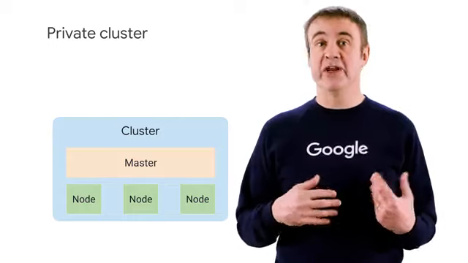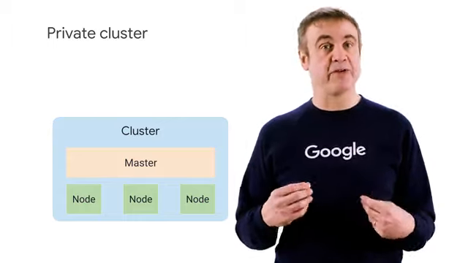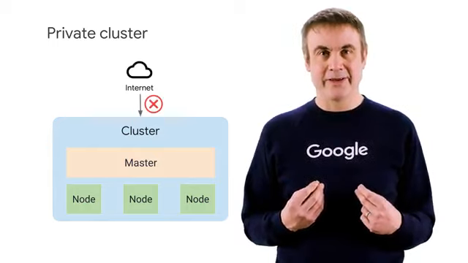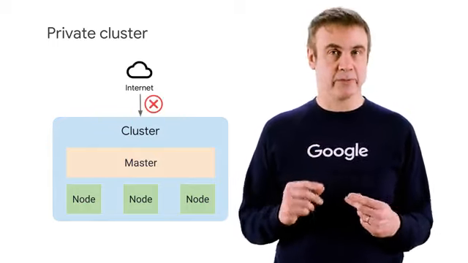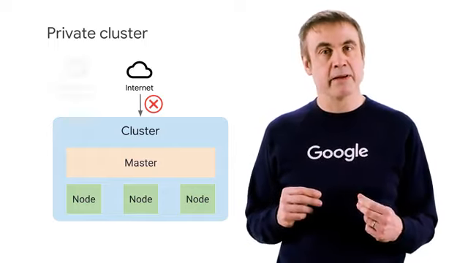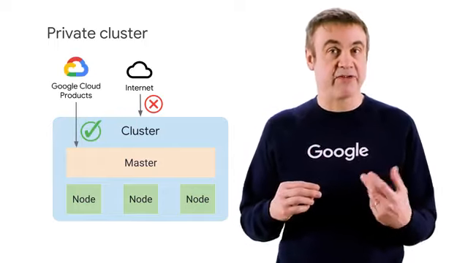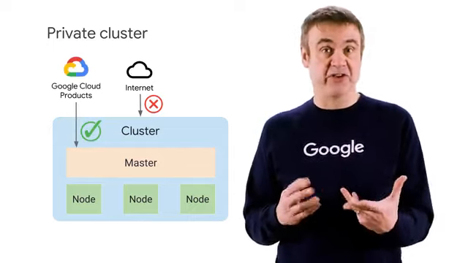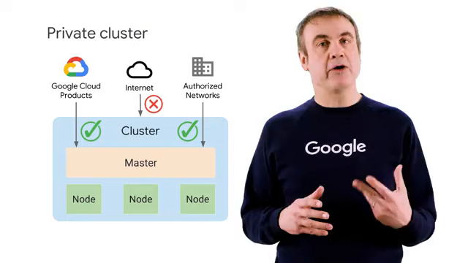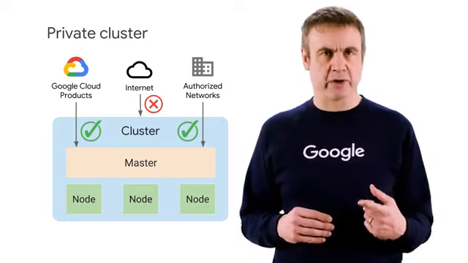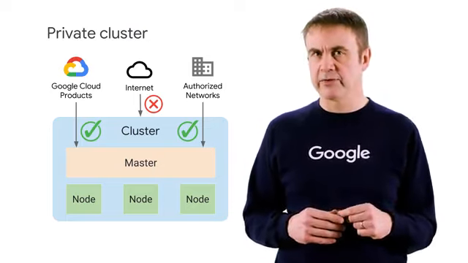Regional and zonal GKE clusters can also be set up as a private cluster. The entire cluster, that is the master and its nodes, are hidden from the public internet. Cluster masters can be accessed by Google Cloud products, such as Stackdriver, through an internal IP address. They can also be accessed by authorized networks through an external IP address.